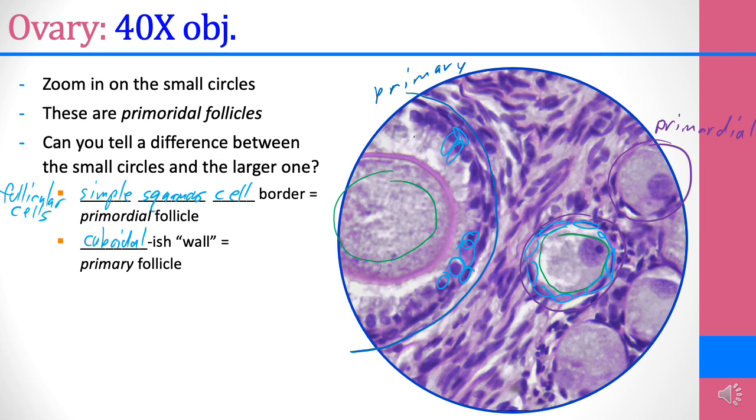Here around the simple squamous, these are granulosa cells around the primary. The other thing you'll see is the very first hint here of a zona pellucida, that protective jelly around the oocyte.